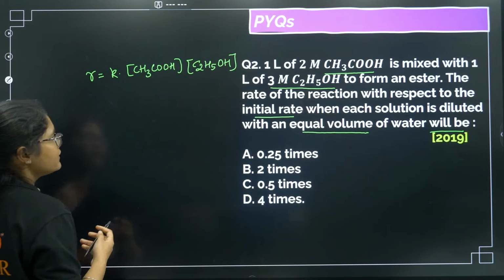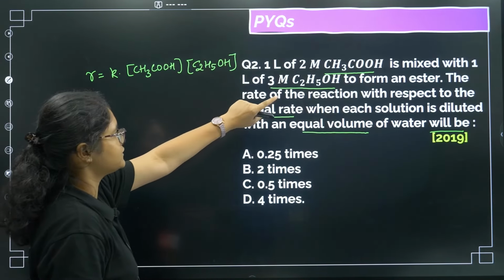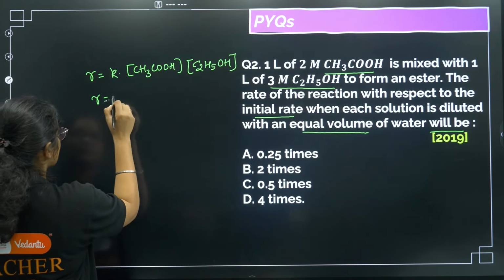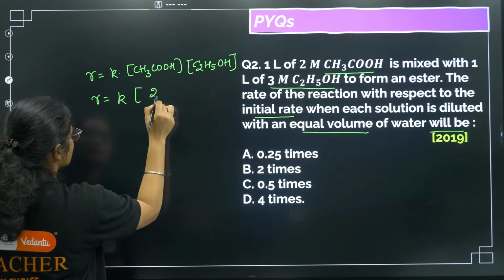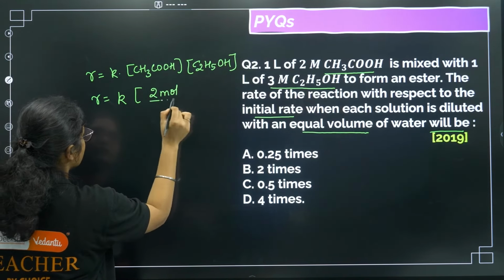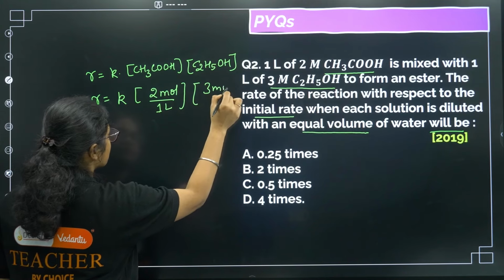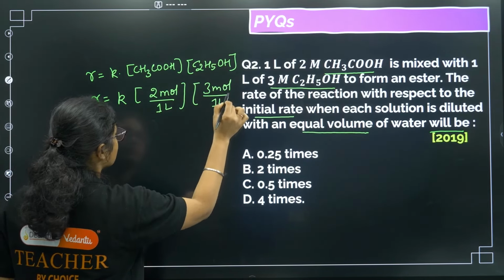Initially, what is CH3COH? 2 moles in 1 liter. So I can write that rate is equal to K into 2 moles in 1 liter, and the next one is 3 moles in 1 liter.